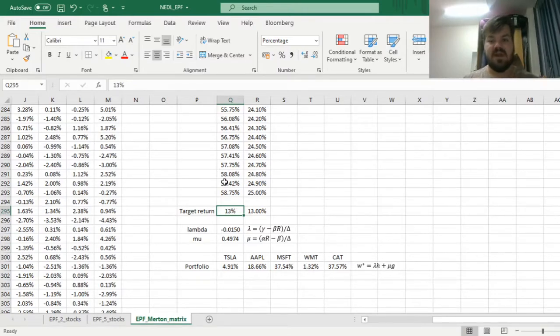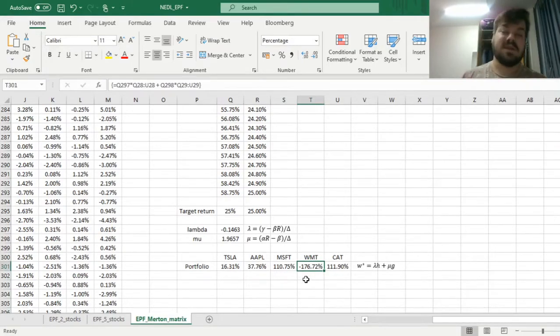But what is slightly unfortunate in this matrix optimization framework is that it doesn't allow you to ban short selling explicitly. Because, for example, if you increase your target return and you are less risk averse, you want a high level of expected return, say 25%, you'll see that the optimal portfolio Merton's model suggests involves shorting, to a great extent actually, some of your stocks.